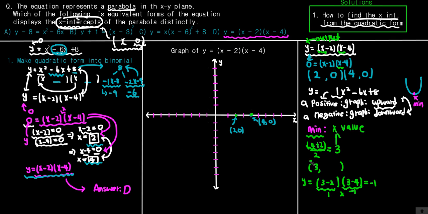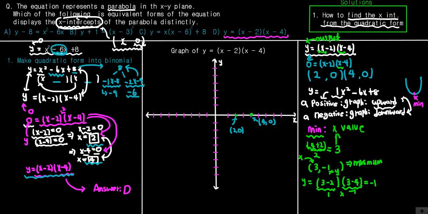That means if we input an x value of 3, we get an output y value of negative 1. So this point right over here is going to be the minimum point of our parabola.